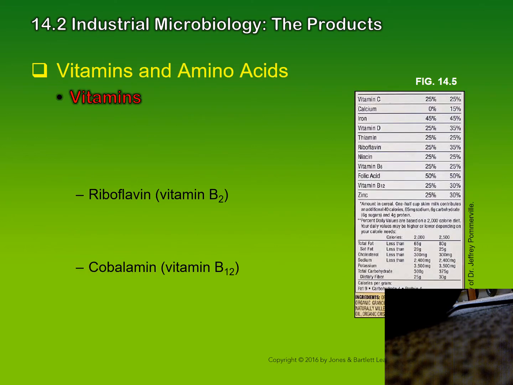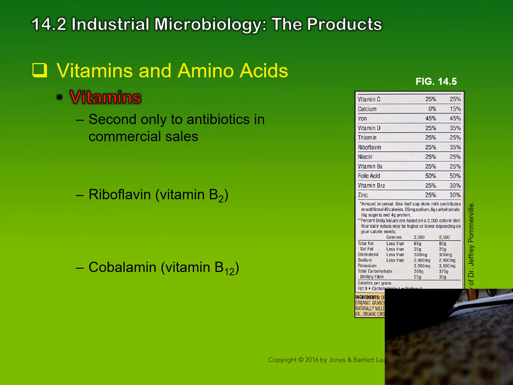We can use the industrial microbiology process to make a number of vitamins. Things like B2 and B12 are definitely things that are added to food products all the time, and you want those things in your food products. These vitamins are second only to antibiotics in terms of sales.